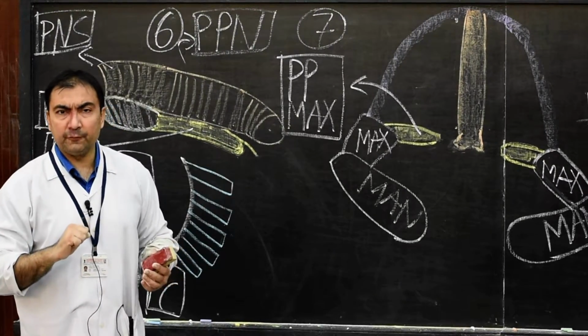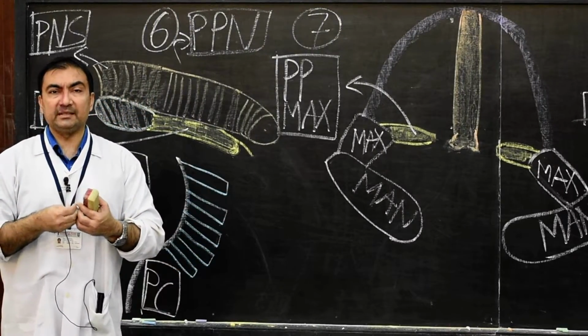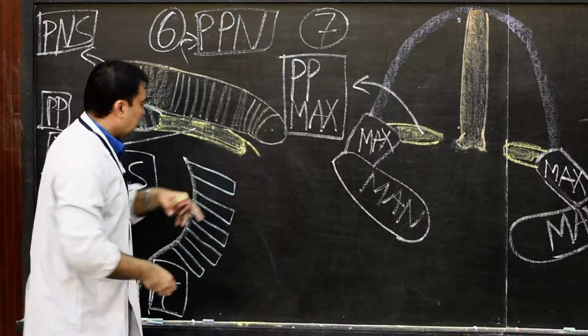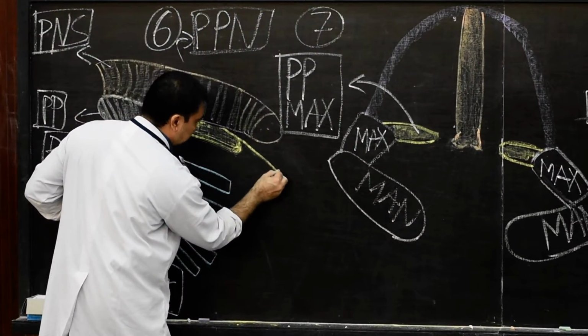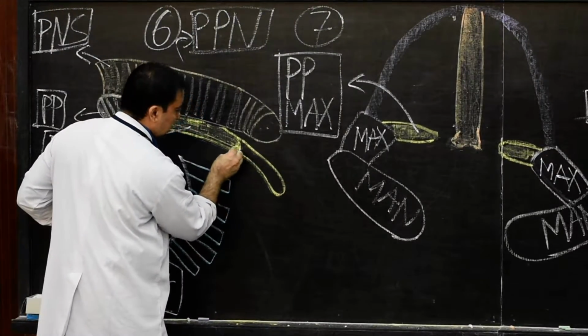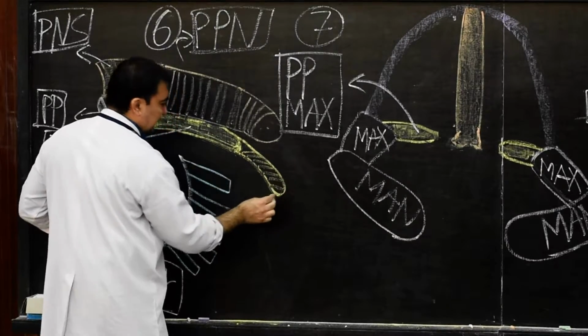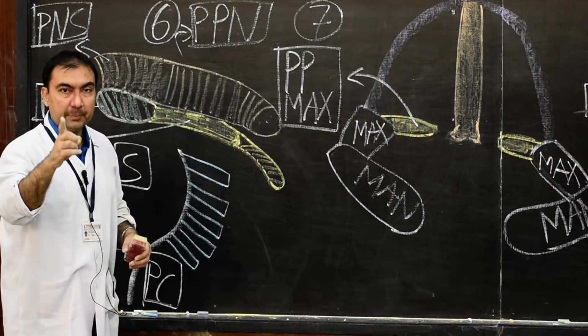What about posterior 1/4? Posterior 1/4 of the two palatine processes of maxilla will not fuse with the nasal septum. No. Then that posterior 1/4, here I will draw, this posterior 1/4 will remain hanging down.